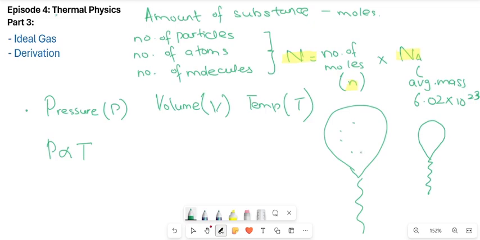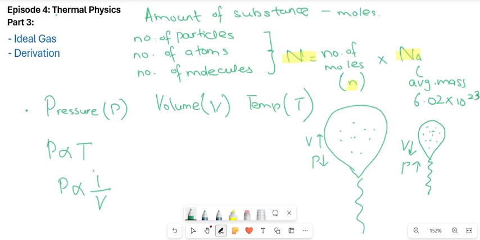In the small balloon the particles are very close to each other, so they collide more frequently, and so they exert more pressure, more force. So the volume here is less, but pressure is more. Here volume is more, pressure is less. So volume and pressure are inversely related. So I would say pressure is directly proportional to 1 over V. This is what it means, right?